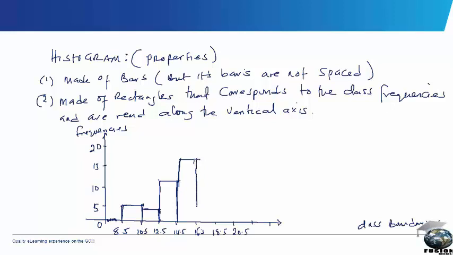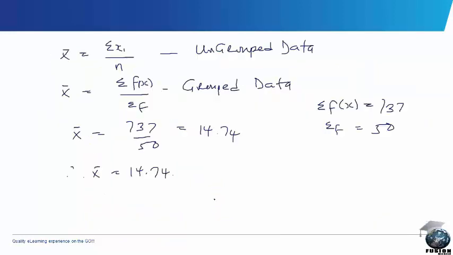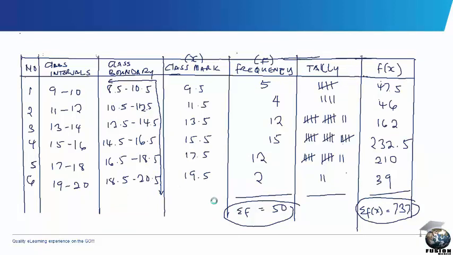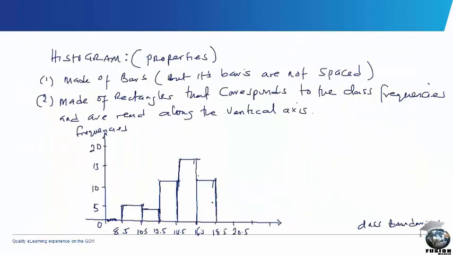I trace the line down. Okay, and then 12 again. I have 12 at this point. And then the last number there is a frequency of 2. So a frequency of 2 will fall on this side.